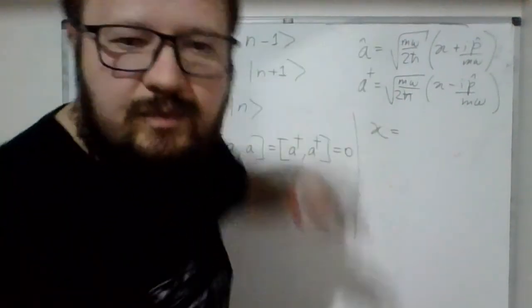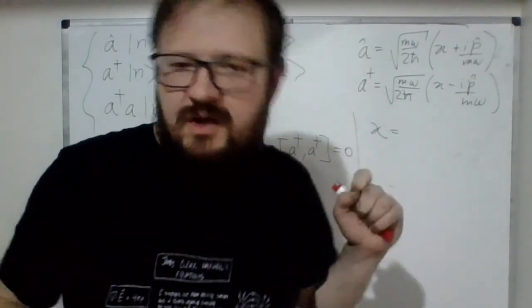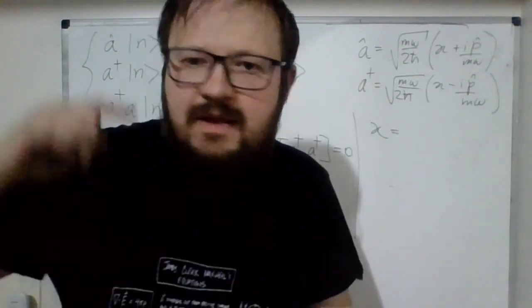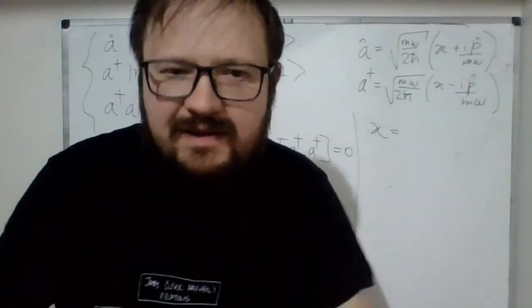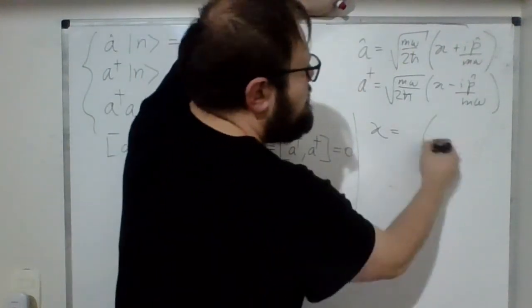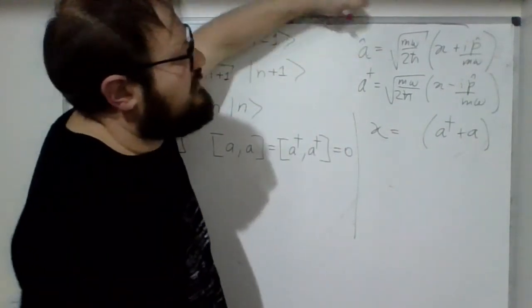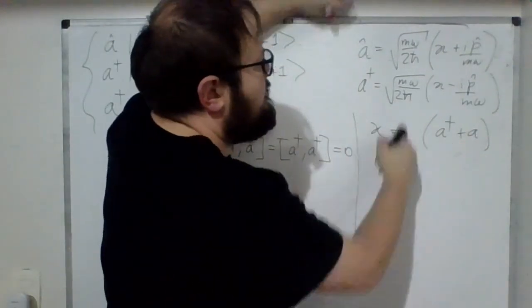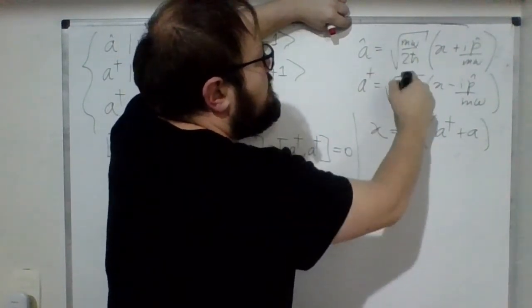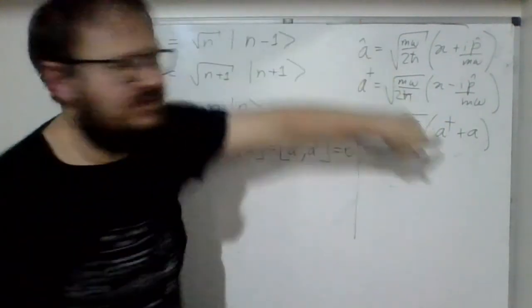Using the annihilation and creation operators, you can perform all the calculations of averages of X, X squared, momentum squared, and all that, because you can just add up these two equations here. So you have A dagger plus A divided by some constant. You will have twice this value here, so the twice can enter the square root. So H bar divided by twice m omega, I guess, if I did it properly.